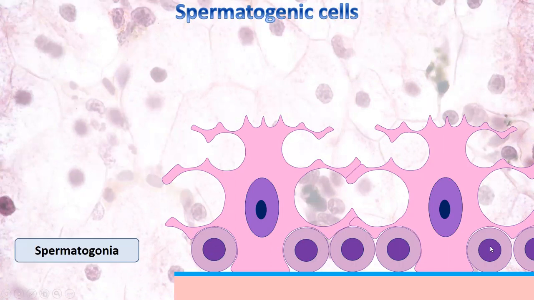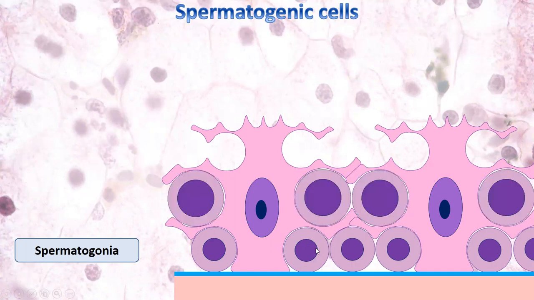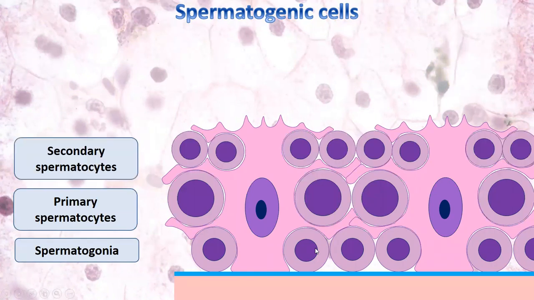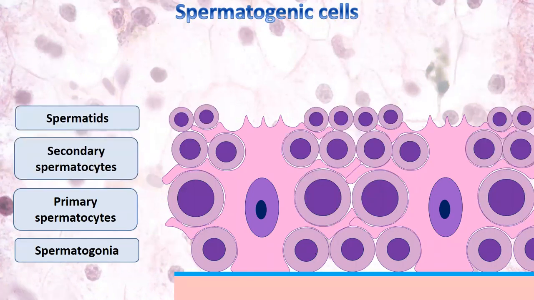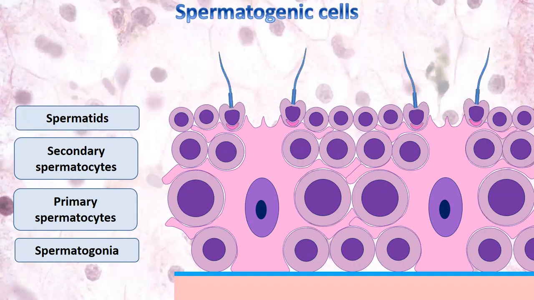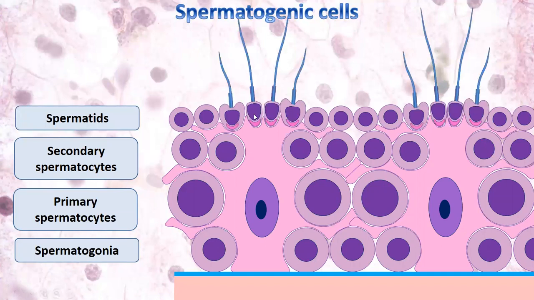They are located in the deepest layers of the spermatogenic epithelium. The next are primary spermatocytes. Next are secondary spermatocytes. Also there are spermatids, early and late spermatids. And when a cell is separated from the spermatogenic epithelium, it's called a spermatozoon.